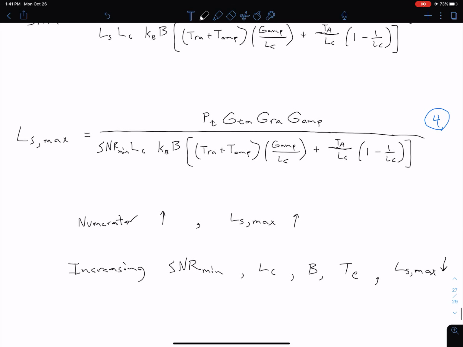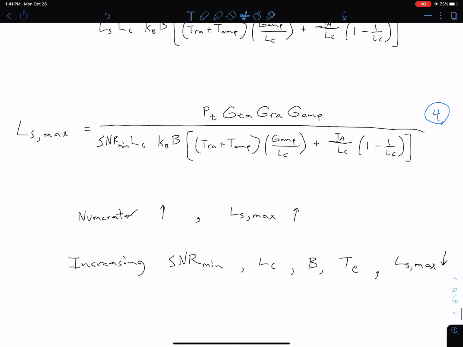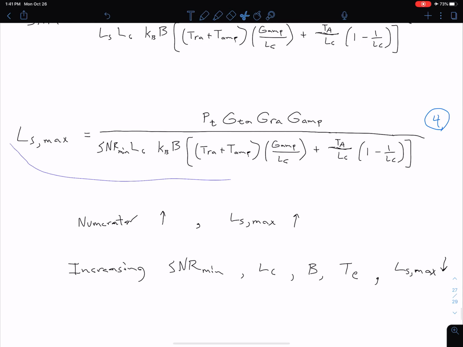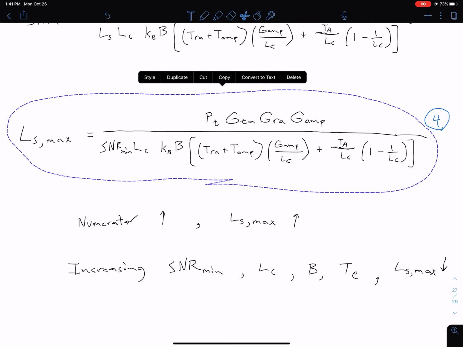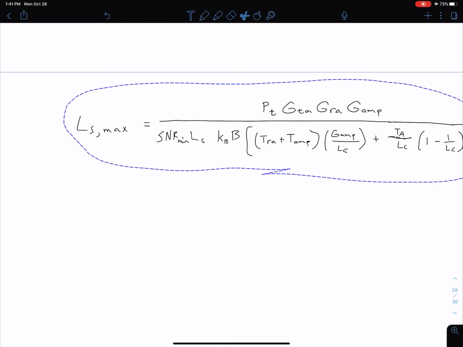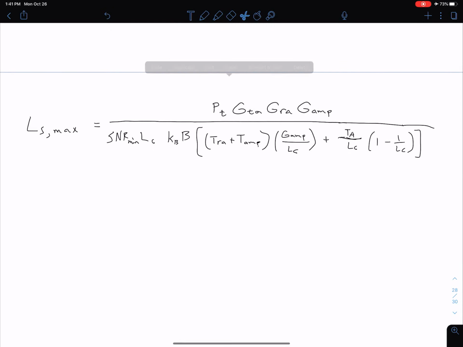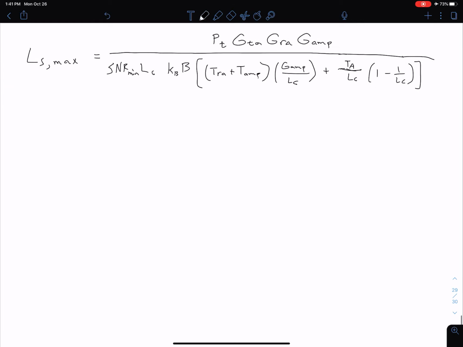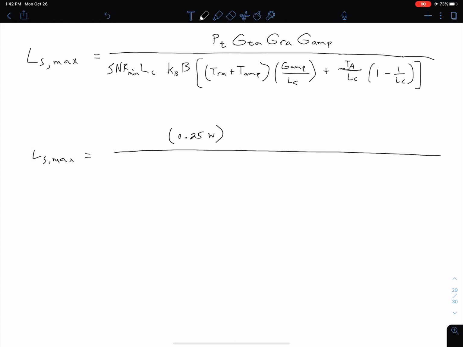So we're essentially just going to take this equation. Let's copy this and bring this down here so we can have it for reference as we're plugging in everything. So here's our LS max, which is what we're solving for. LS max is equal to, so now our power transmitted, we said was 250 milliwatts, so that's going to be 0.25 watts.